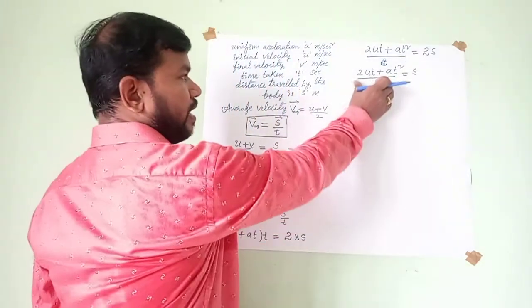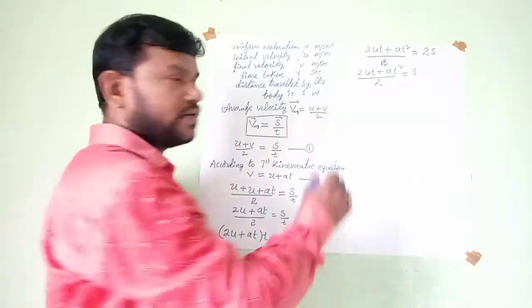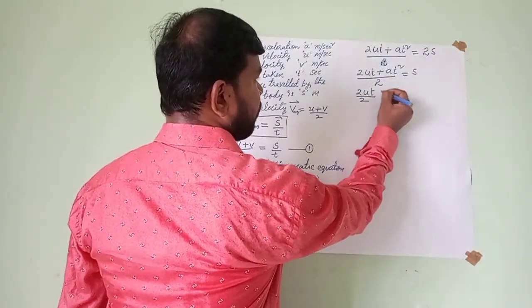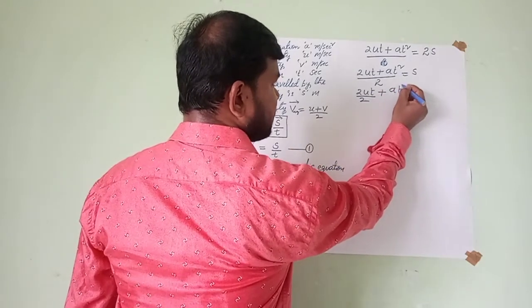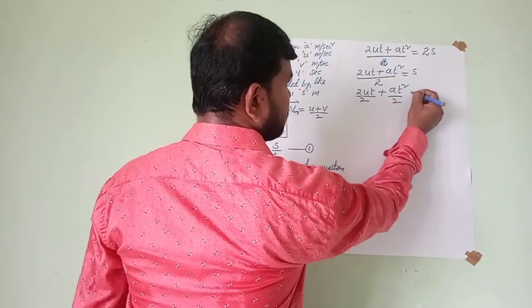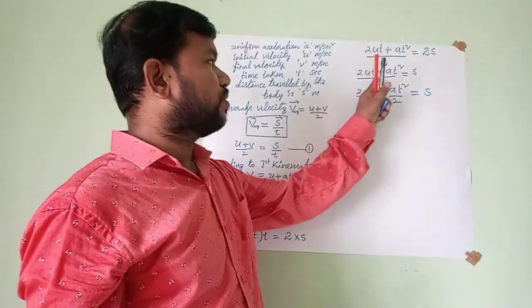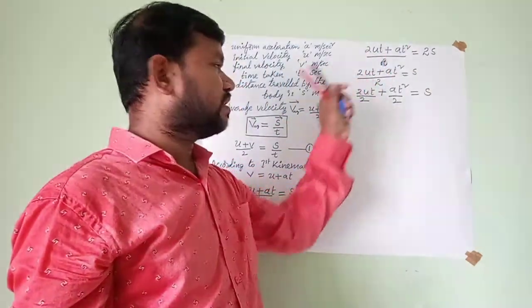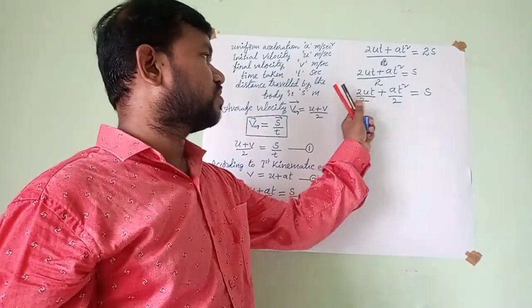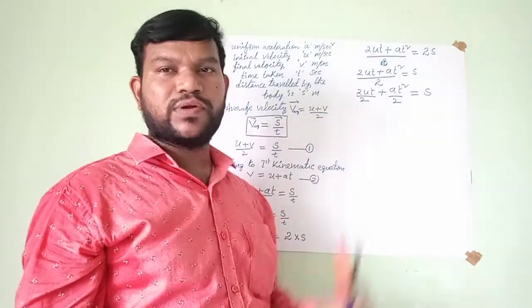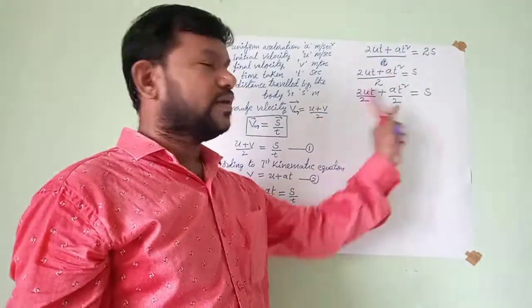And again I am rearranging this term. See, 2UT by 2 plus AT square by 2 is equal to S. Students observe, 2UT plus AT square by 2, or we can also write as 2UT by 2 plus AT square by 2, because both are the same. I just rearranged the equation.